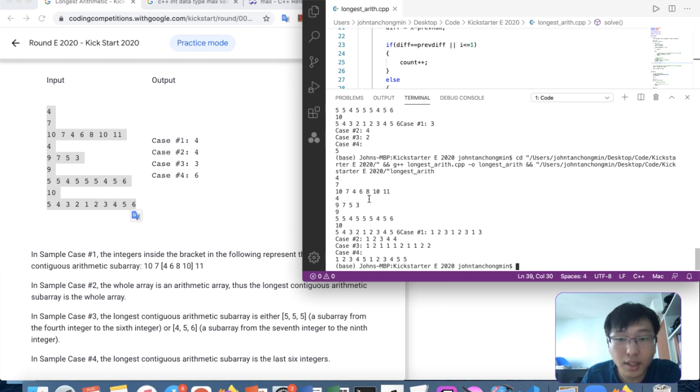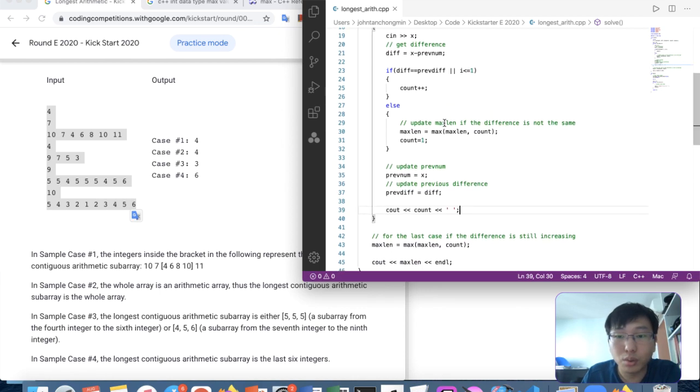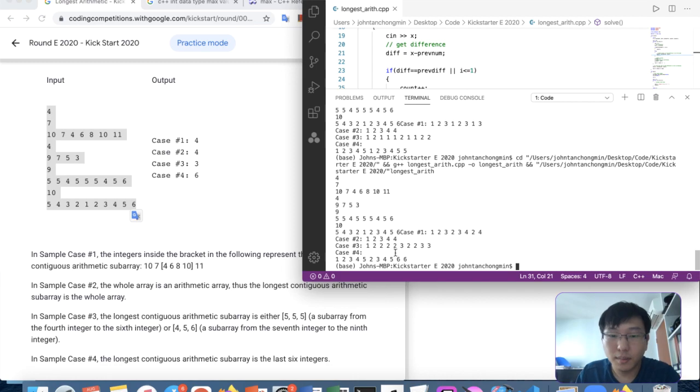Okay, so over here, when we start from here, I counted it as 1, but actually it should be 2. So maybe this one should be a 2 already. Okay, let's try again. 4, 4, 3, 6. Okay, very good.